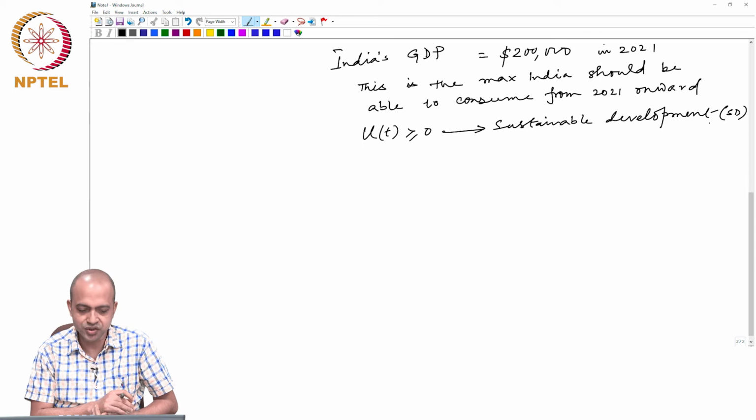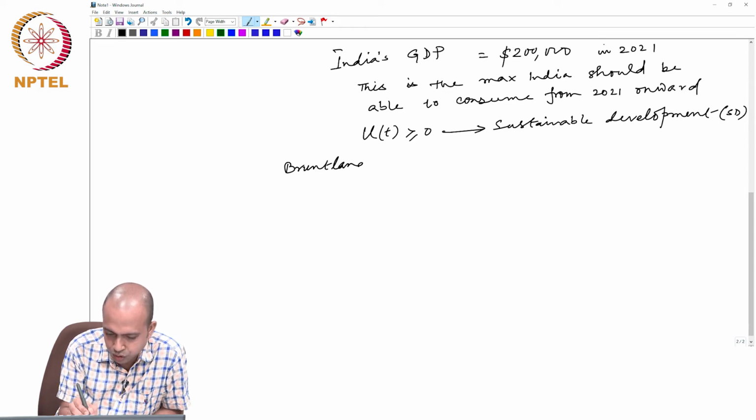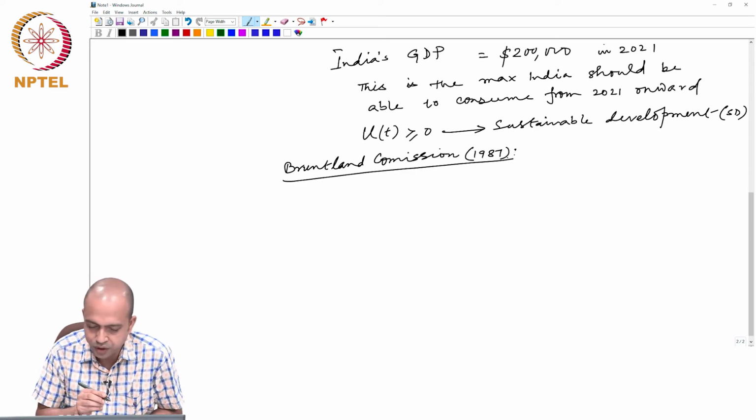in 1987 by the Brundtland Commission. So, this is the definition given by the Brundtland Commission in 1987. This is a very, very important definition.